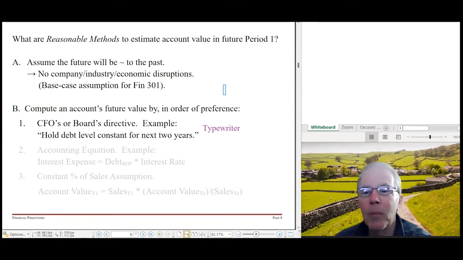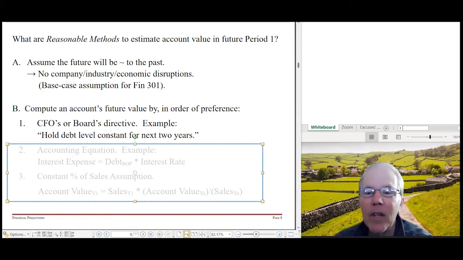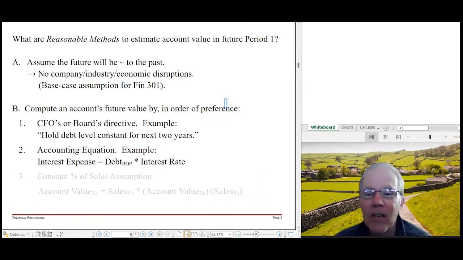For example, the board could say, we want you to hold the debt level constant for the next 2 years. That's thing number one, so we check for that first. And if the board tells us what to do or the CFO tells us what to do, that's just how we project it. Okay. And next up, if we don't have a directive, then we'll use an accounting equation.